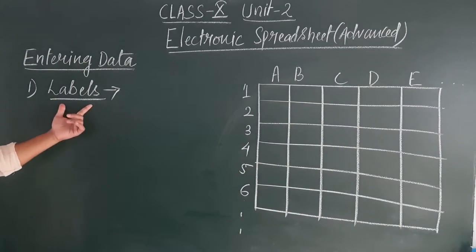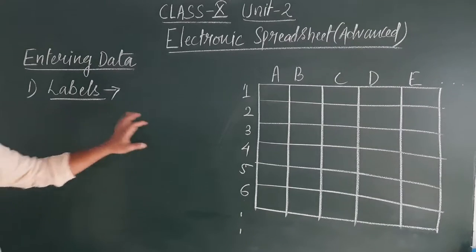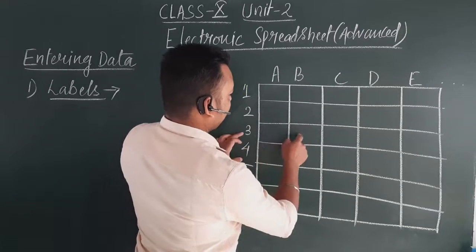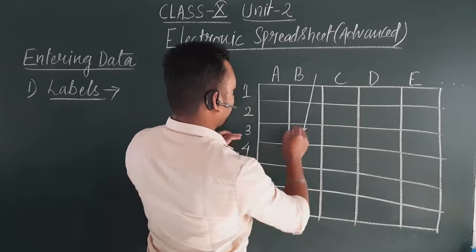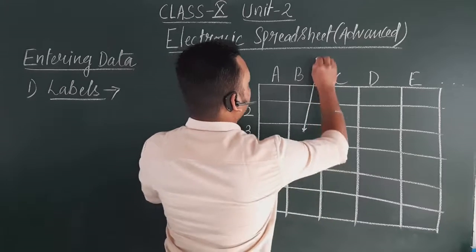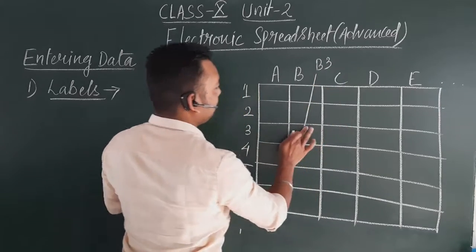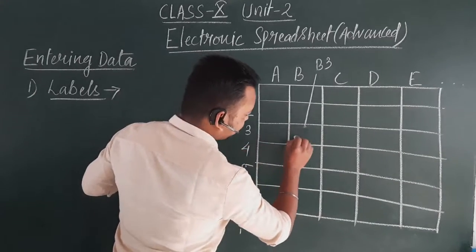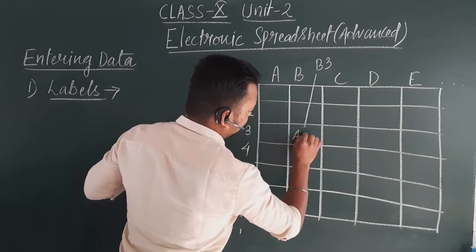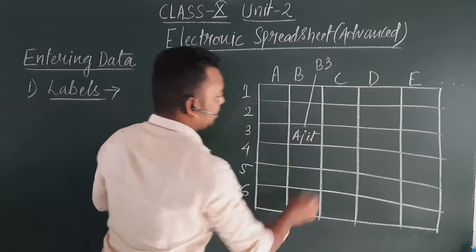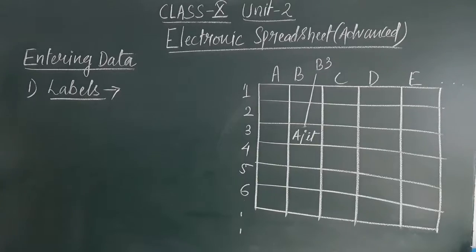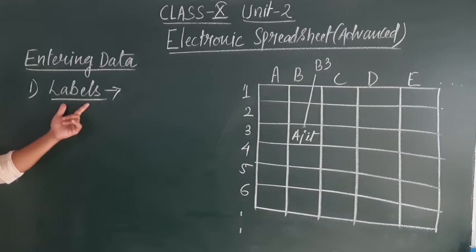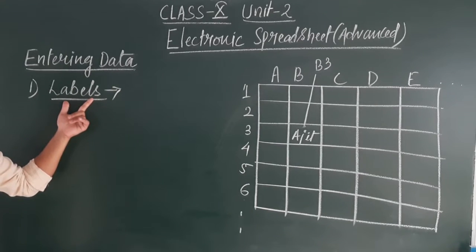Now, the first term which we are going to discuss here is label. Suppose I have selected this cell, the cell reference of this cell will be B3. Now if we go ahead and enter any text, say the name of a person, Ajit, that textual content can also be referred to by another name, which is known as label.